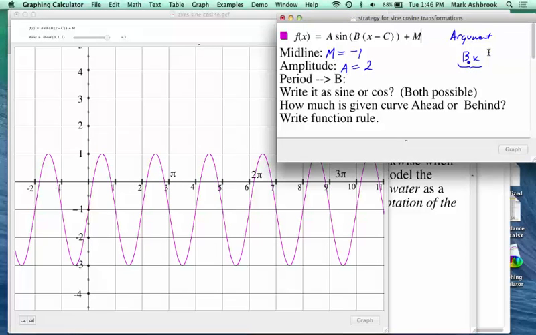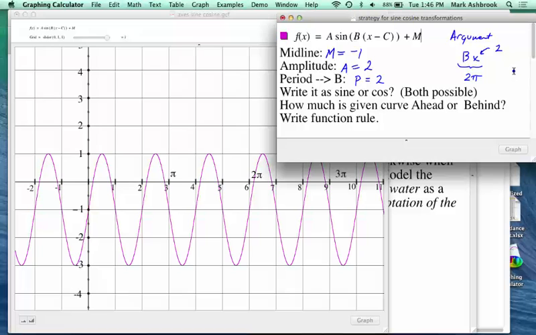So we said the period is what? Period equals 2. So when that input reaches 2, in order to get a full cycle of output, we need that argument b times x to reach what? 2 pi. We talked about this, right? So we need what's going into cosine or sine to reach 2 pi in order to get a full cycle.